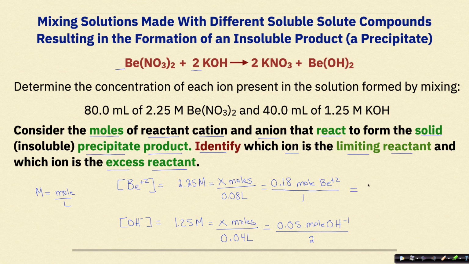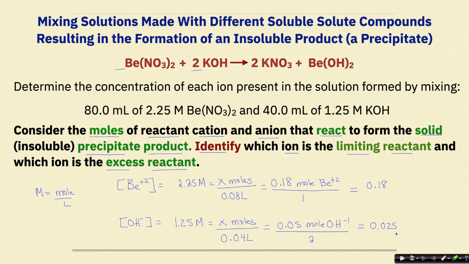So if I work this out for the top, for Be plus 2, I get 0.18. I am not going to put a unit associated with this because, again, the whole process is defining the limiting reactant and the reactant in excess. And then when I do my bottom number, this is going to be 0.025.